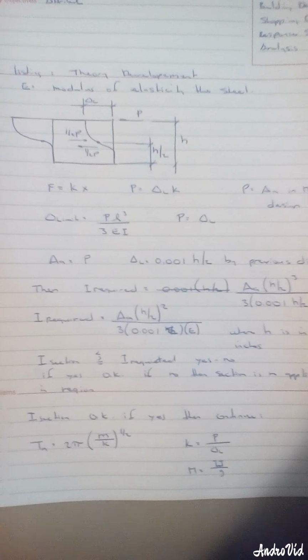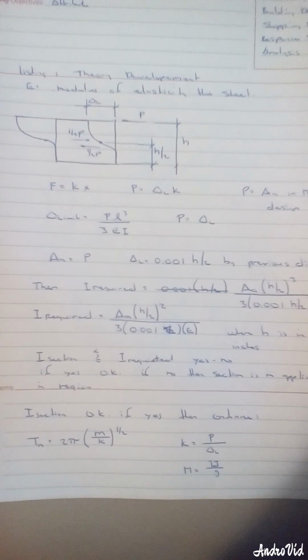And then we have delta limit, based on some criteria that someone might have, equal to P times L cubed over 3EI, and then P is equal to the delta lateral. A sub A is equal to P, and delta lateral is equal to, in this particular instance, by the criteria, 0.001 h over 2, and that's by previous discussion.